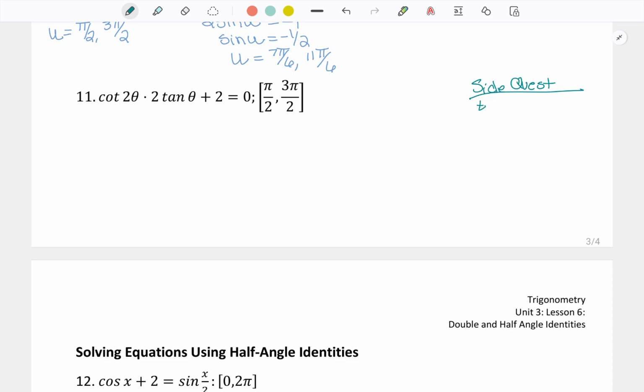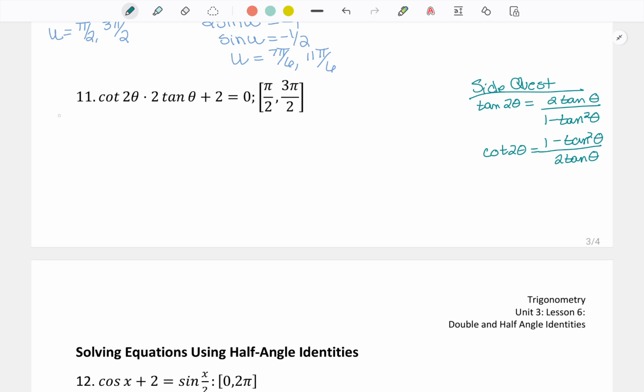So if the tangent of 2 theta is going to be 2 tangent theta over 1 minus tan squared theta, then cotangent 2 theta is going to be 1 minus tan squared theta over 2 tan theta.